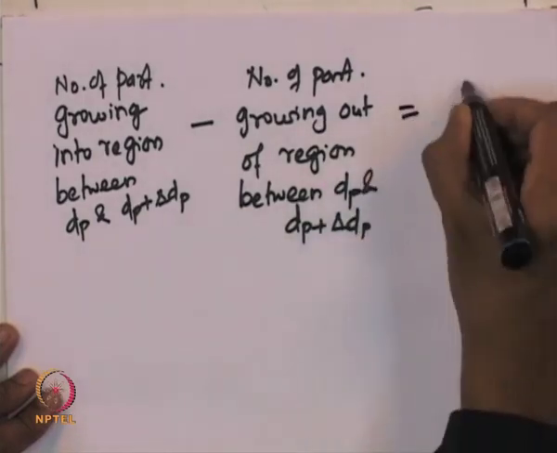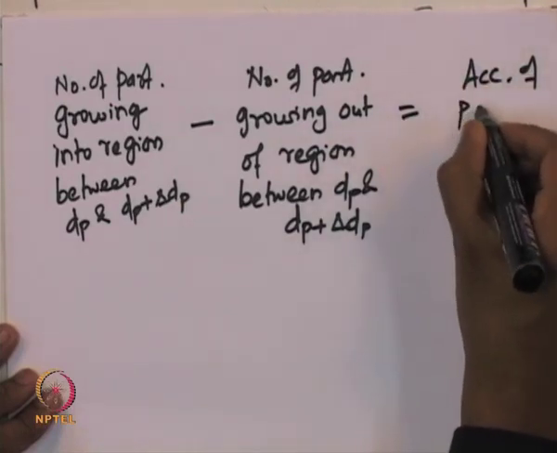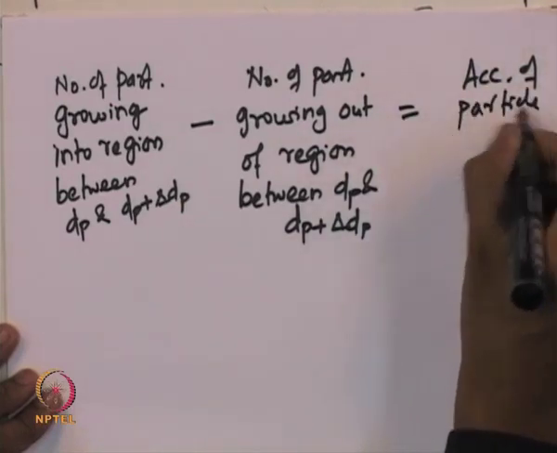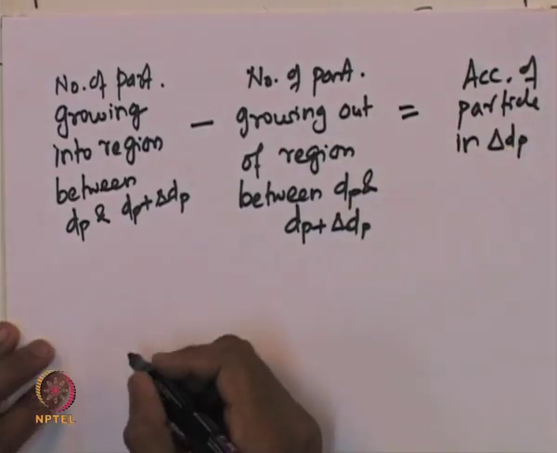That should be equal to the accumulation of particles in delta dp, in that small element.